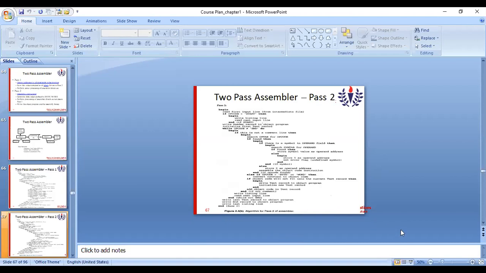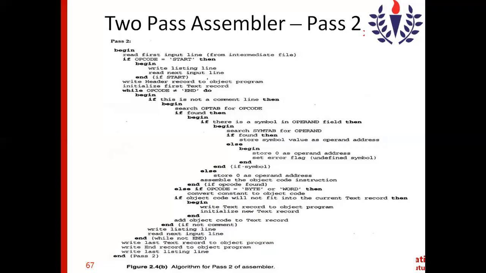So this is the pass 2 algorithm, which is given in the next slide. Before moving on to it, as you know, in pass 2 the assembly process happens and the object code is generated. When the object code is generated by the assembler, it has to create the object program, which contains the object code.